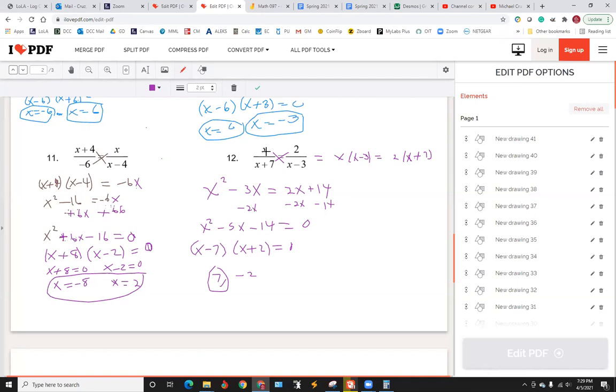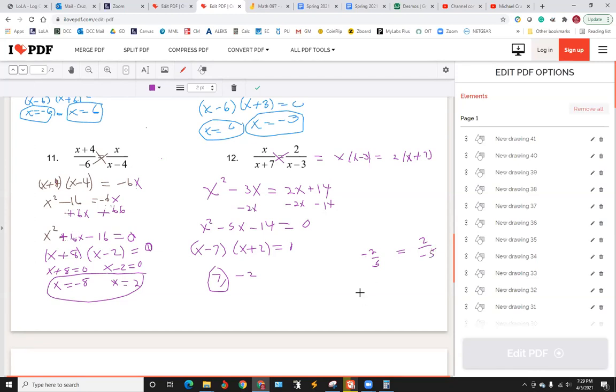Same thing with this one. Negative 2 plus 7 is 5, so negative 2 over 5. And then on this side, it's negative 2 down here, so it's 2 over negative 5. Just in case you haven't figured this out yet, it does not matter where the negative sign is, as long as you only got one of them.